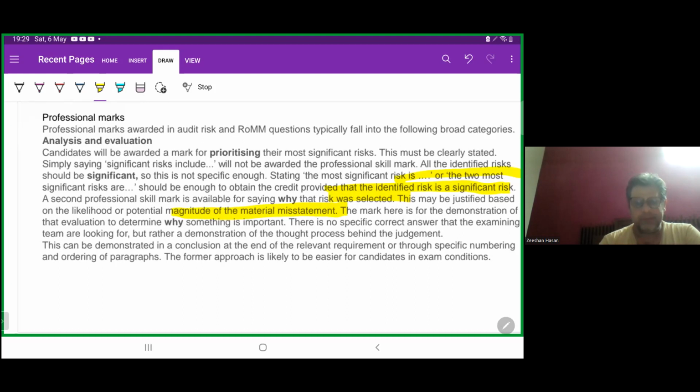There is no specific correct answer that the examining team are looking for, but rather a demonstration of the process behind the judgment. This can be demonstrated in a conclusion at the end of the relevant requirement or through specific numbering and ordering of paragraphs. The former approach is likely to be easier for candidates in exam conditions.